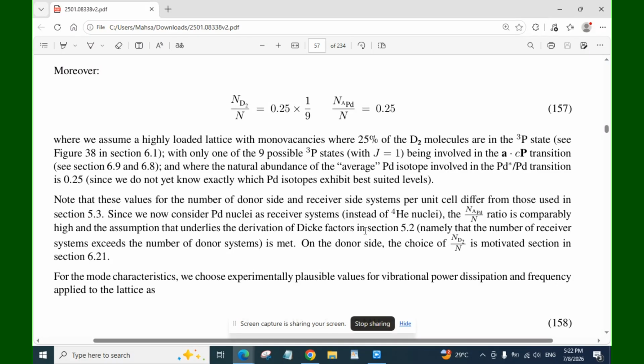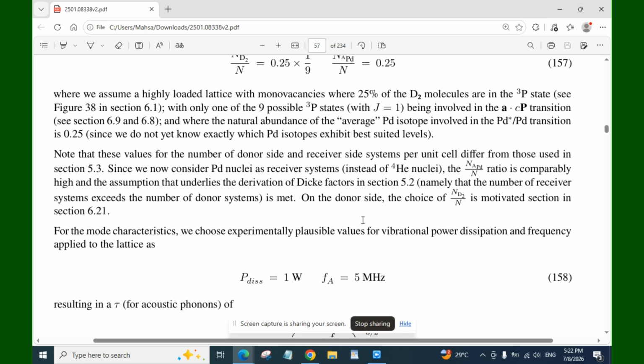Since we don't yet know exactly which palladium isotopes exhibit best suited levels, note that these values for the number of donor site and receiver site systems per unit cell differ from those used in the sections 5.3.